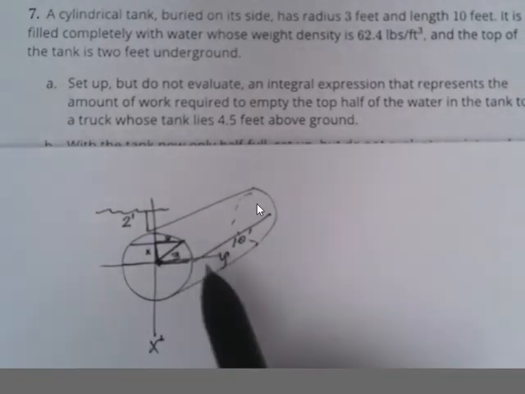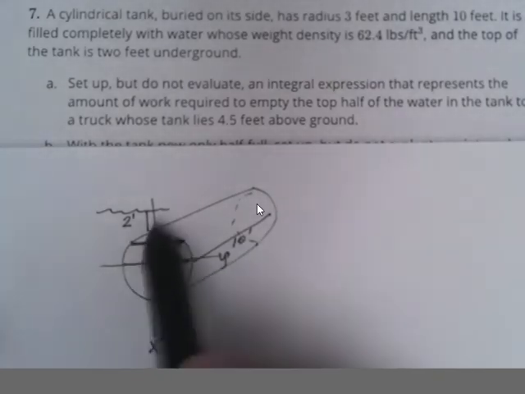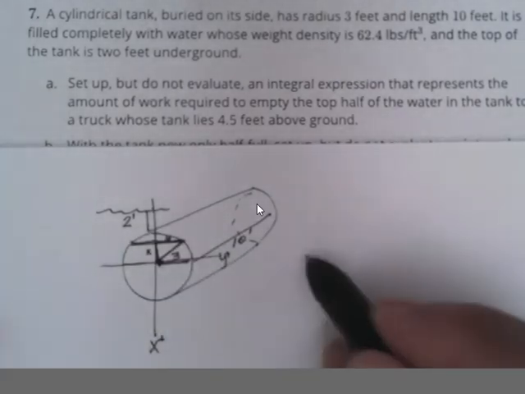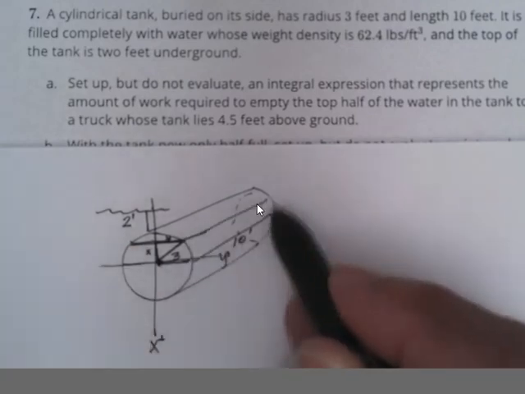So the relationship, let's first of all take the slice that we have to lift up to there. So the weight of the slice would go the length of the tank.